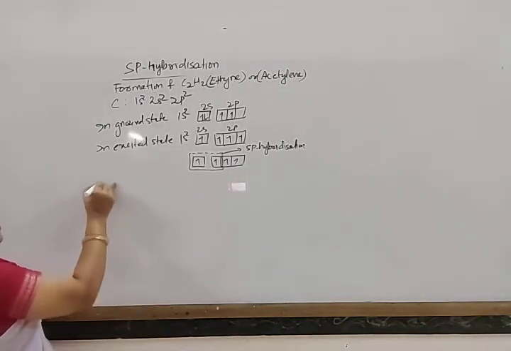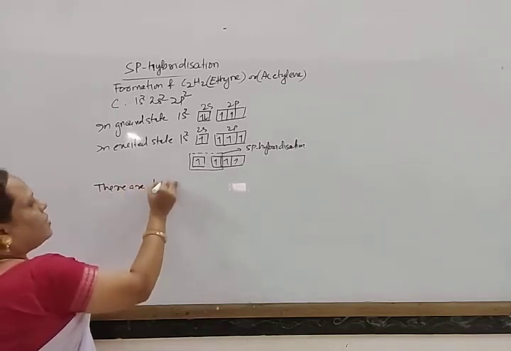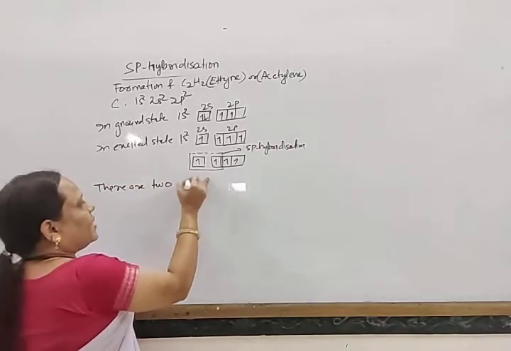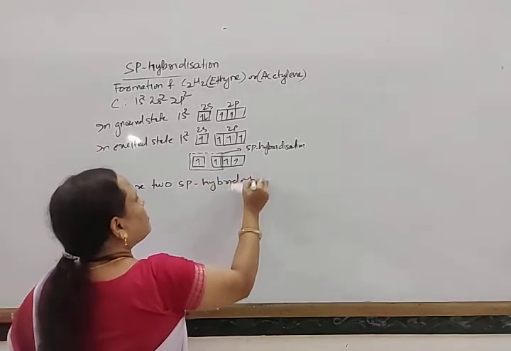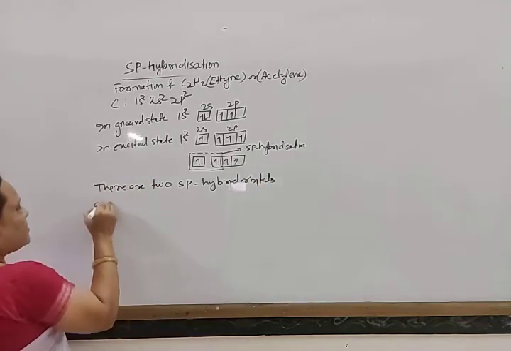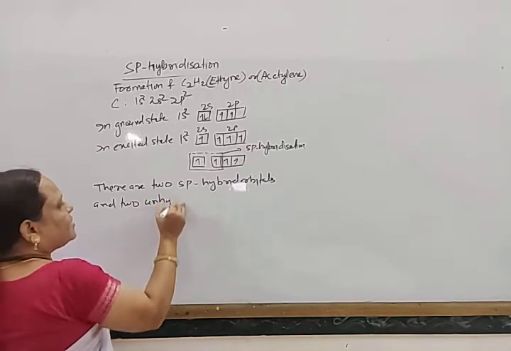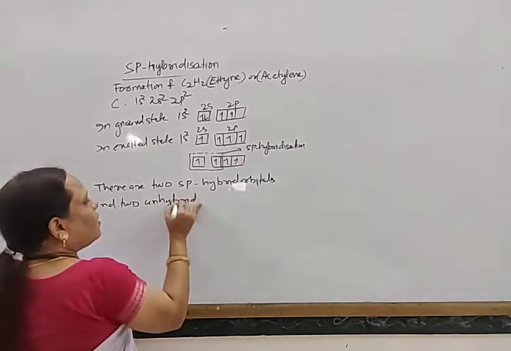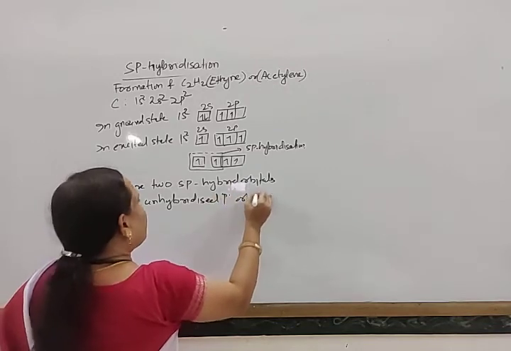So there are 2 sp hybrid orbitals and 2 unhybridized p orbitals in each carbon atom.